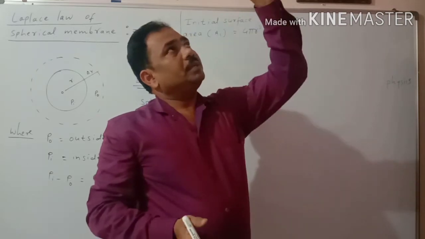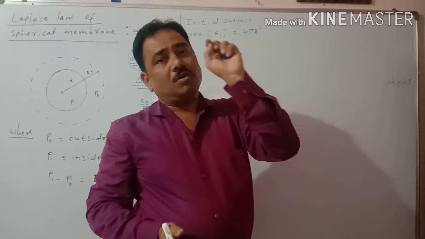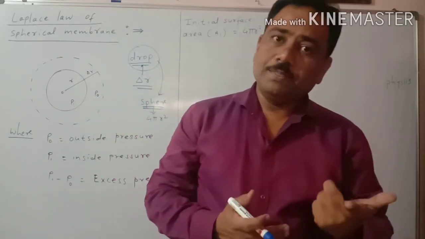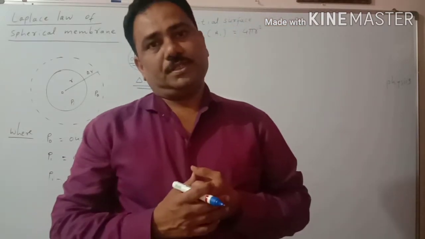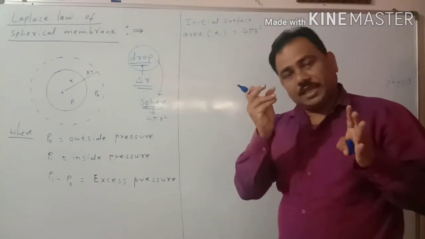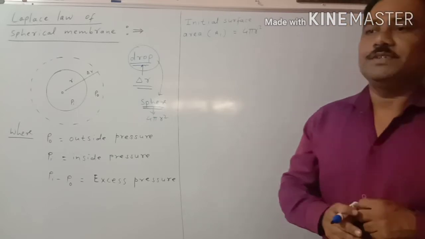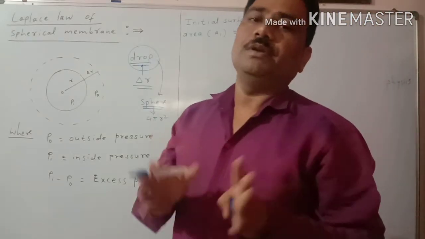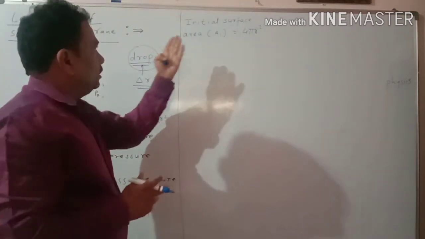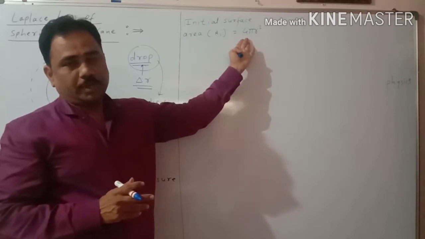Whatever droplets of that water form, they are always in spherical form. Why? Because of surface tension. There is a tendency of a liquid to minimize its area. Surface tension is a very simple phenomenon of liquid. So the initial surface area is 4 pi r square.